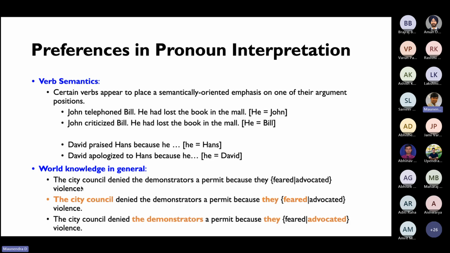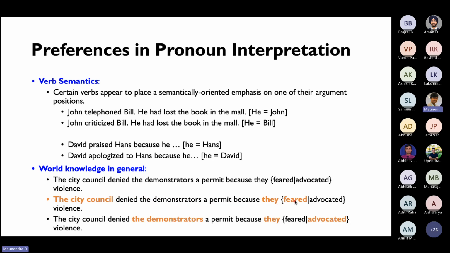And these are very interesting examples. The city council denied the demonstrators a permit because they feared or they advocated violence. Now, if the sentence has the word feared, then the city council denied the demonstrators a permit because they feared violence.